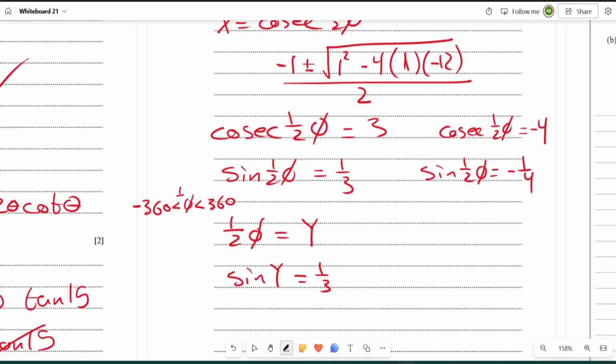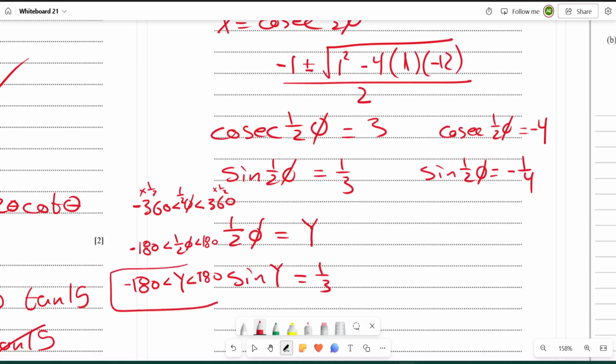So I'm multiplying here by half, so I need to multiply both sides by 1 over 2 as well. So this becomes minus 180 less than half phi less than 180, as half of 360 is 180.